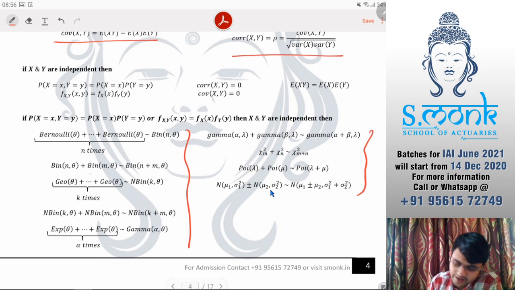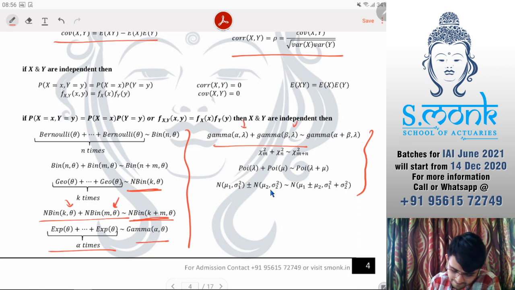If you combine two binomial distributions with the same probability, then you get another binomial distribution. If you combine multiple geometric, you get a negative binomial. If you combine two negative binomial, again keeping probability constant, then you get a negative binomial. Multiple exponential gives you gamma. Multiple gamma with the same lambda would give you another gamma.